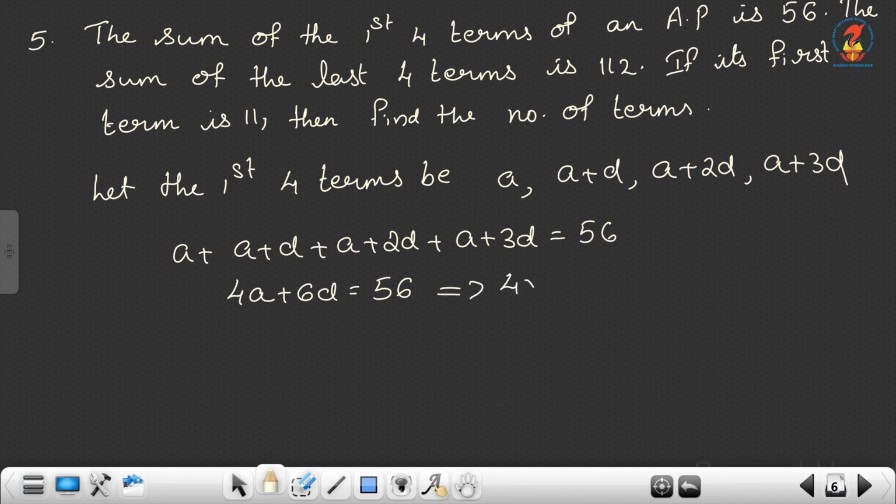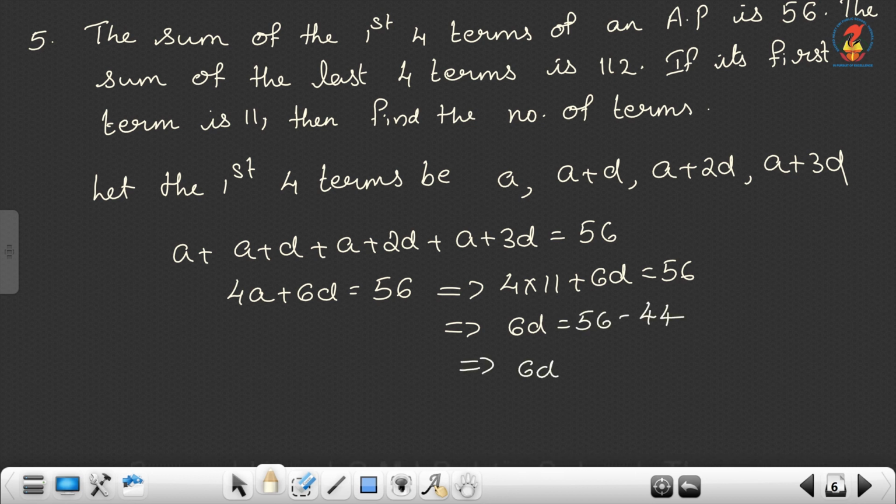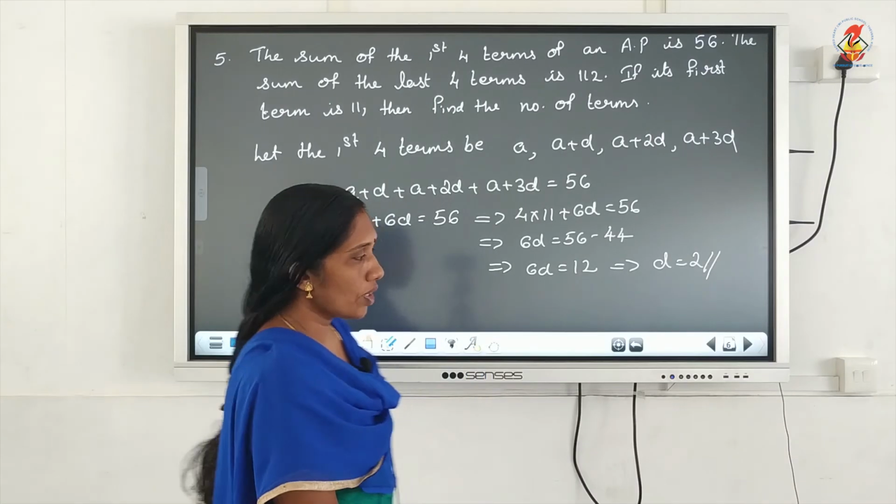So 4 into 11 plus 6d is 56, which implies 6d is equal to 56 minus 44, that is 6d is equal to 12. So d is equal to 2. Now the sum of the last 4 terms. Usually we take the last term as the nth term.